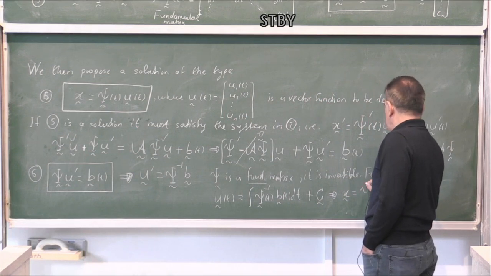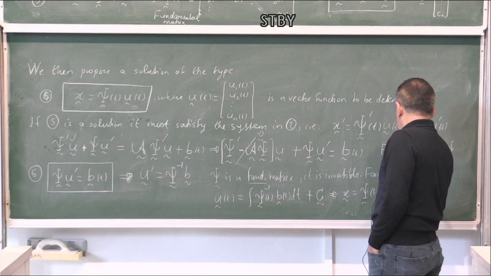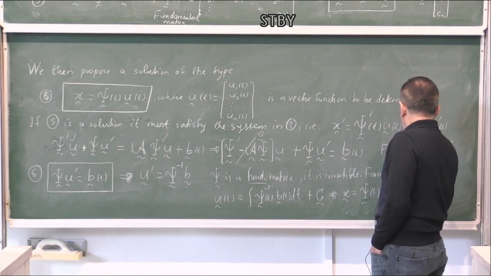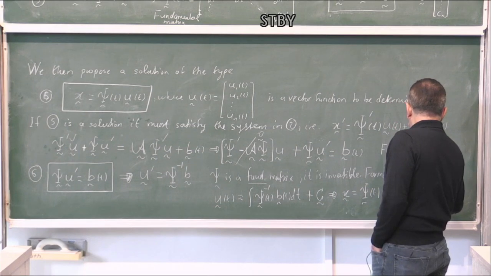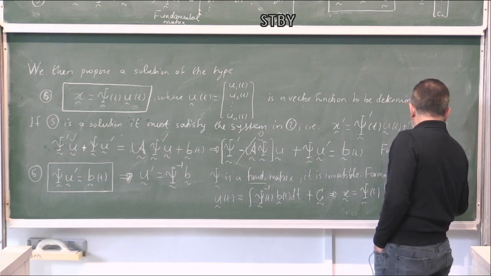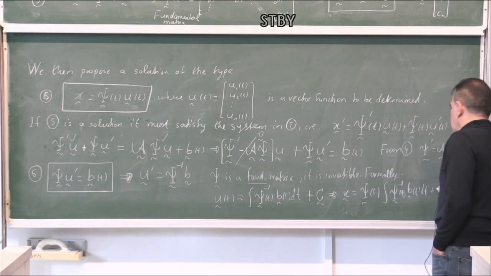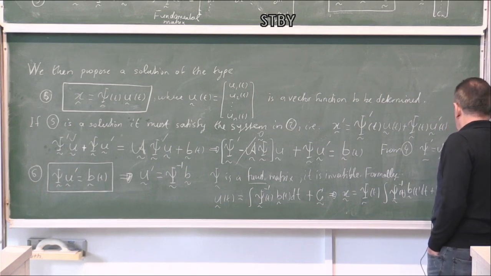So the solution looks like this: psi of t, integral of psi inverse b of t dt, plus psi of t c.